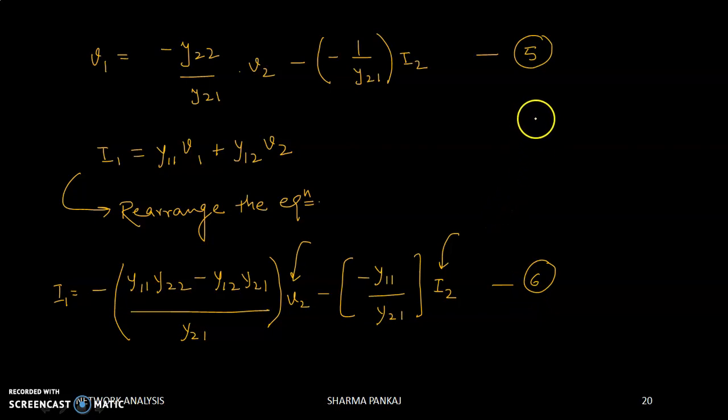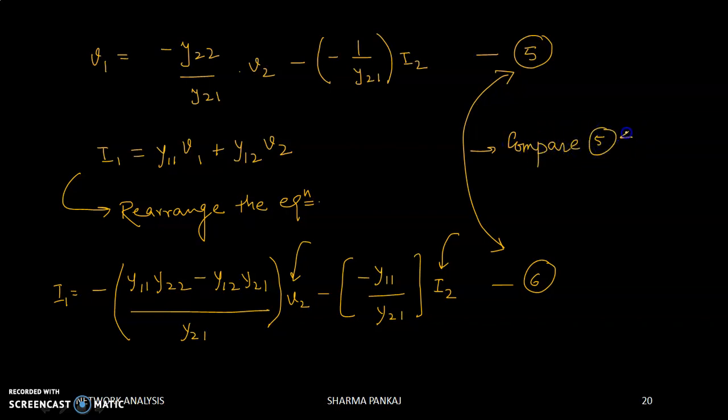Now we are going to compare equations number 5 and 6 with equation number 1 and equation number 2, which are the governing equations of ABCD parameter. By doing that, we will get the values of A, B, C, D. The value of A is minus Y22 upon Y21.